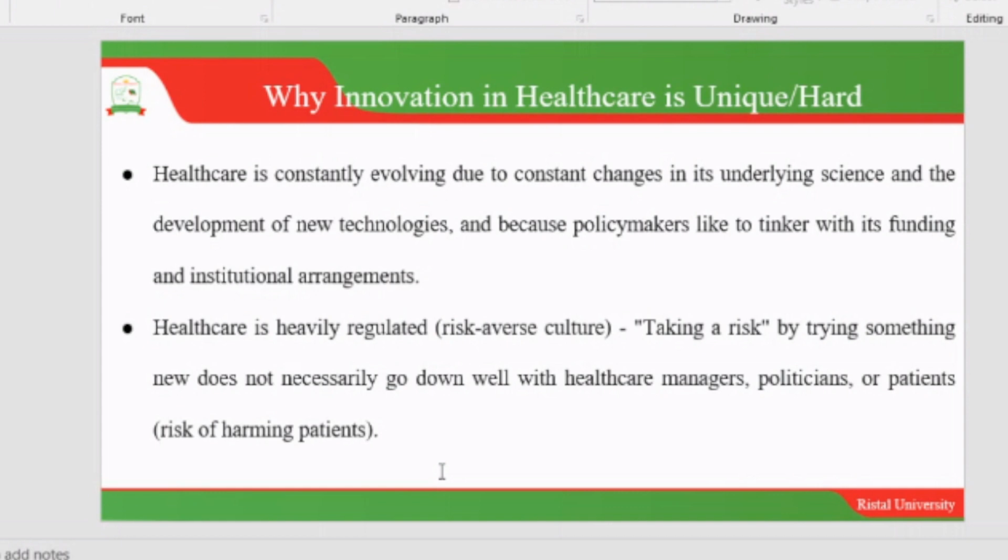Take for instance the people who innovated DDT. This was a drug that was going to be used in spraying for mosquitoes, okay? But because of the regulations, it was discovered that this DDT was harmful to human beings, okay?